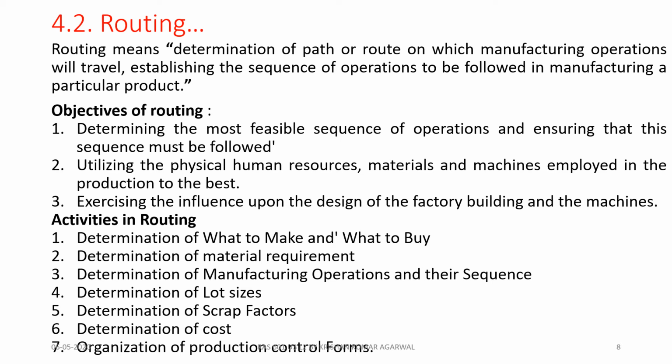And if the overall cycle time increases, the productivity will go down. The number of units produced will go down. Targets will not be met. So one of the objectives of routing is to determine the most feasible sequence of operations and ensure that this sequence is followed.